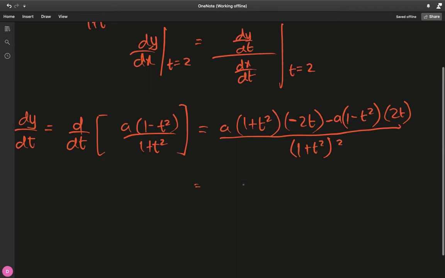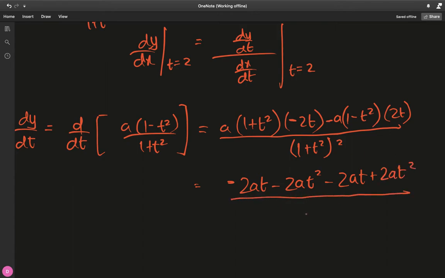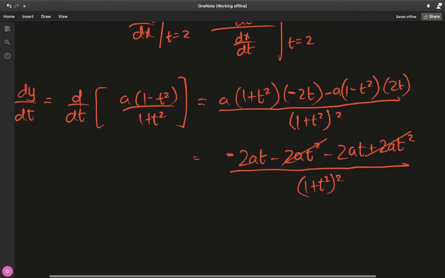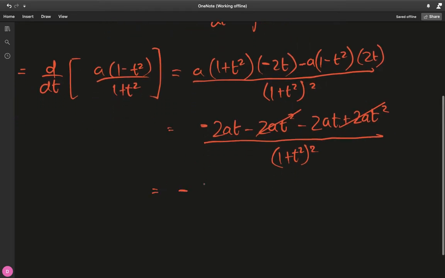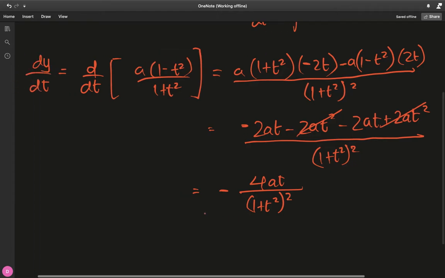If you simplify, negative 2at squared minus 2a plus 2at squared over 1 plus t squared squared, and these quadratic t terms cancel out, giving us just negative 4a divided by 1 plus t squared squared.